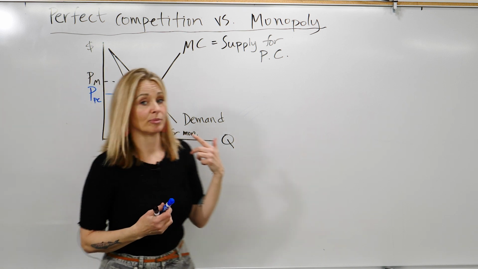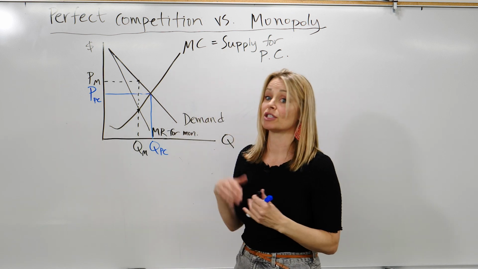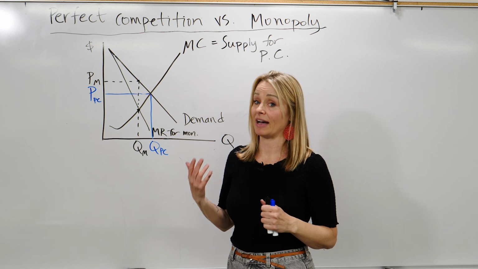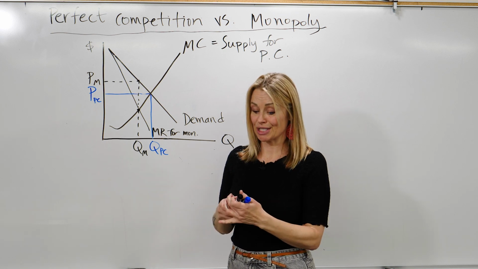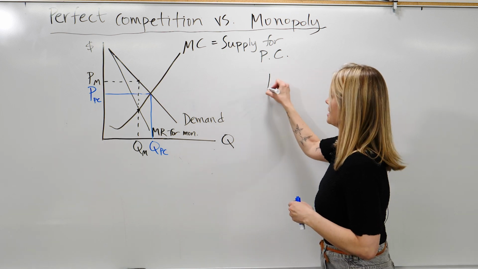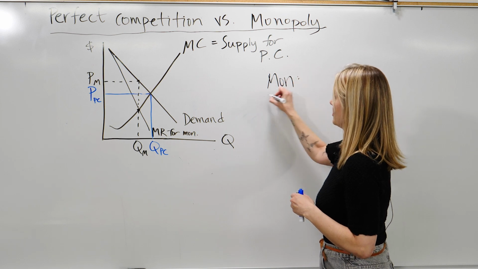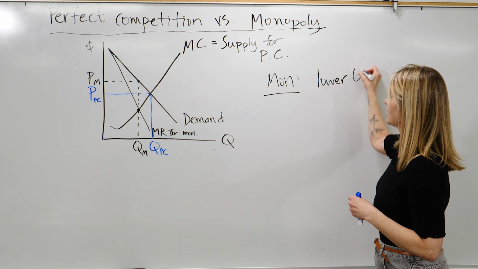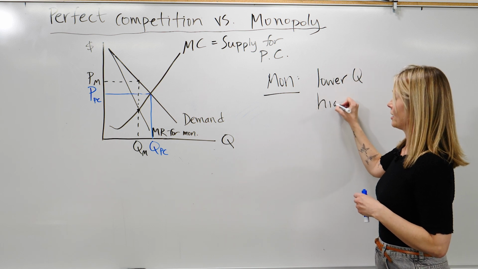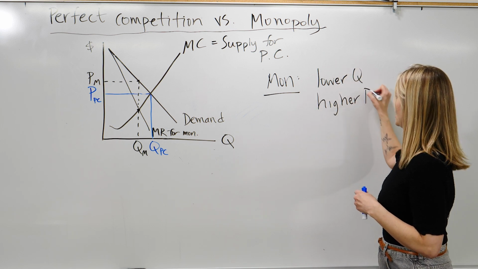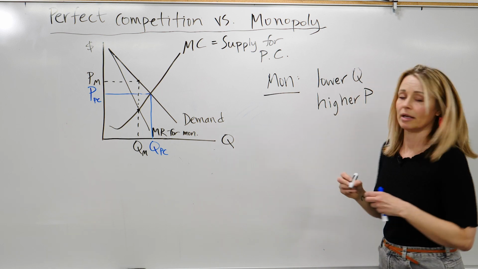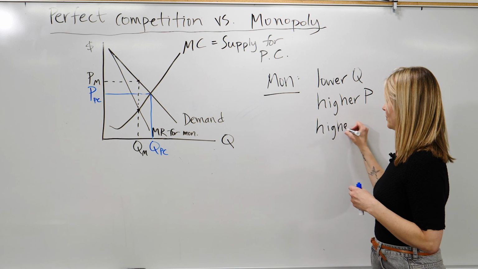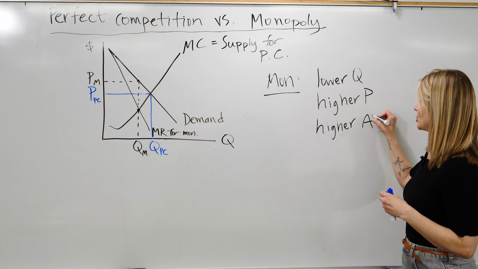Also, we might remember from previously that the monopolist makes a profit in the long run and does not produce at the minimum average total cost. So these are all strikes against the monopolist. So if we want to summarize, the monopolist produces a lower quantity and charges a higher price, higher P, and also, I didn't show this now, but we know from previously that they have a higher average total cost.